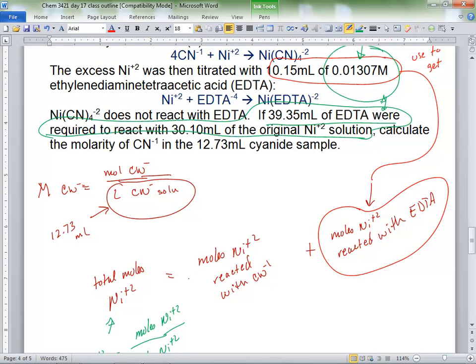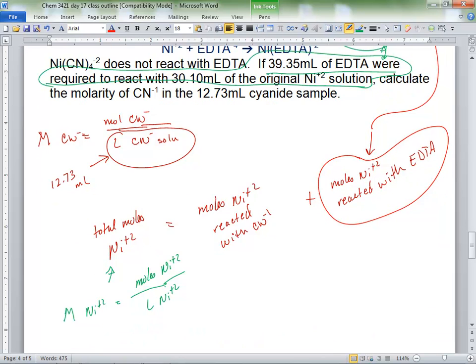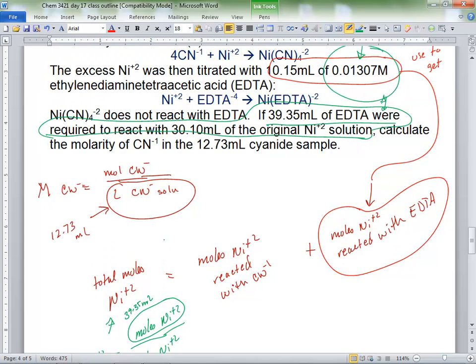So they said 39.35 mL of EDTA. So right here, the moles of the nickel you can get. That's 39.35 mL of that. What was the concentration of EDTA? 0.01307.